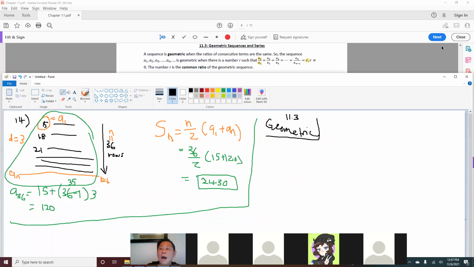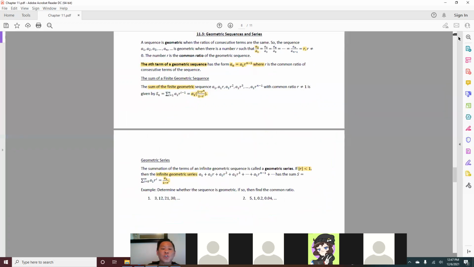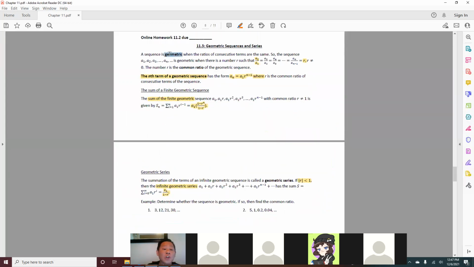Okay, so how do we know if this is a geometric sequence? A geometric sequence in this case will use the ratios. So we don't use the difference, we use the ratio. What does ratio mean? Ratio means divide.